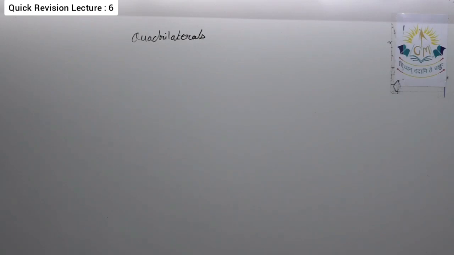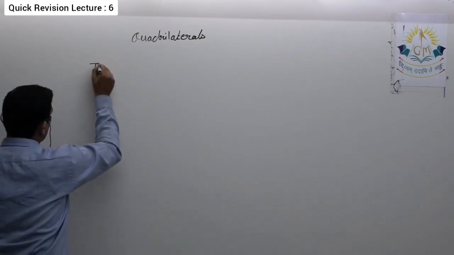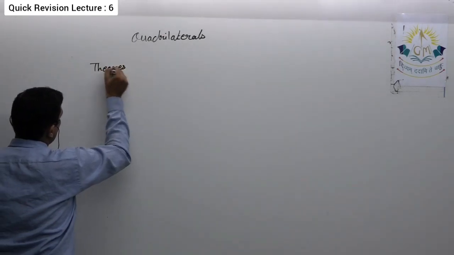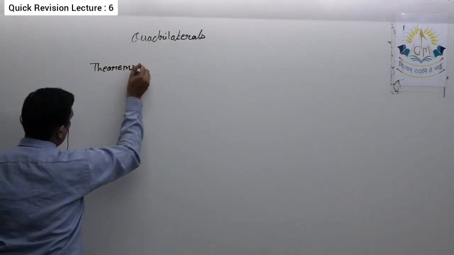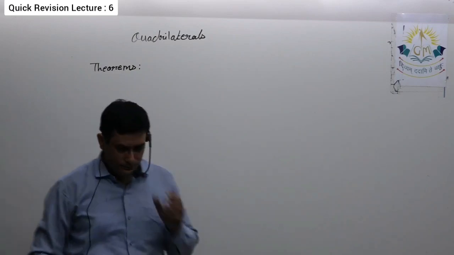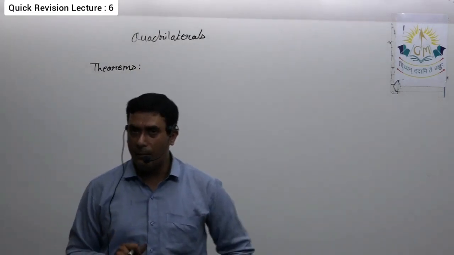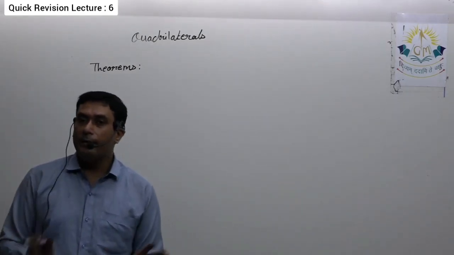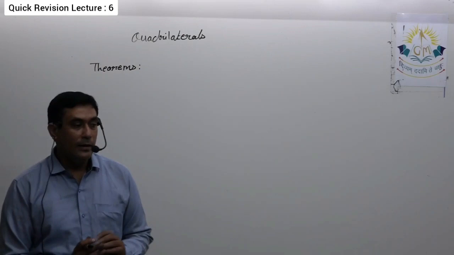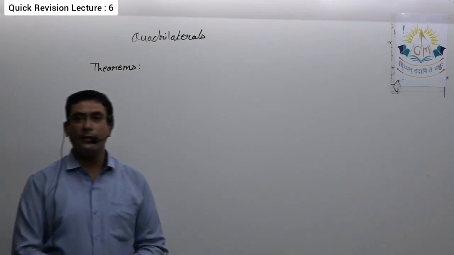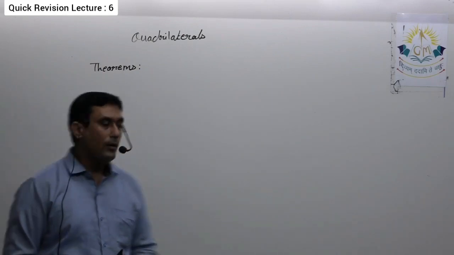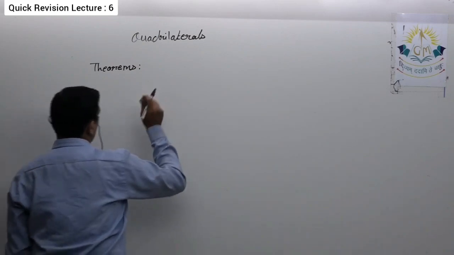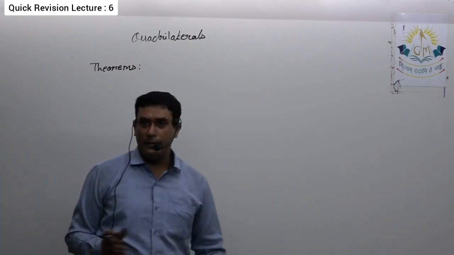I will give you some idea, just theorems. If we say that opposite sides of a parallelogram are equal, then its converse is also true. That means for a quadrilateral, if opposite sides are equal, then it's a parallelogram.